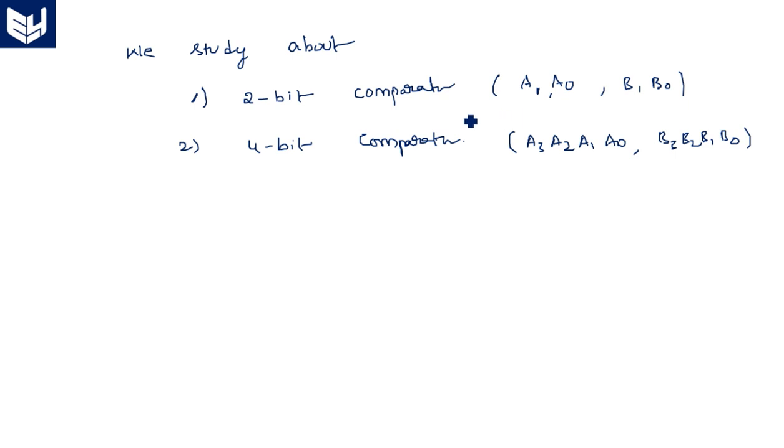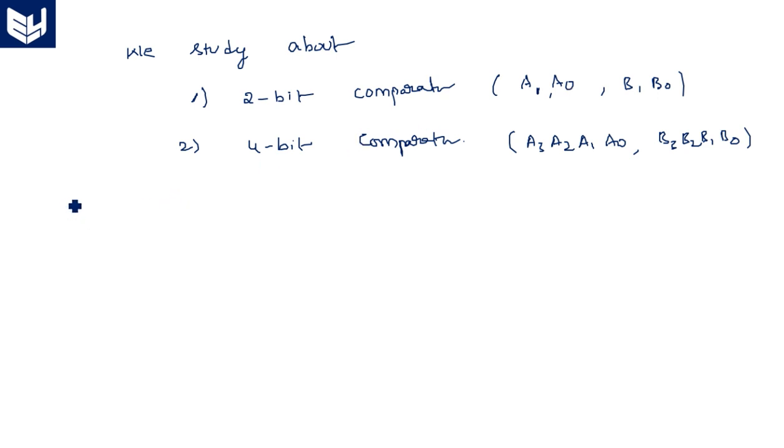When we are going for more than 1 bit like 2-bit or 4-bit, you should take the total number represented by A1 A0 and the total number represented by B1 B0, and compare those total numbers, not the bits individually. Hope you understand what I am saying.